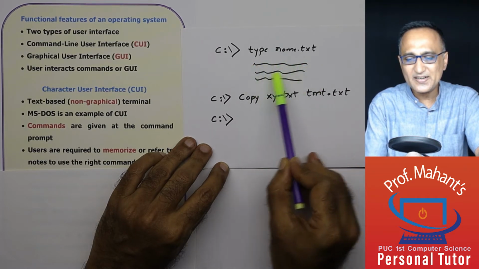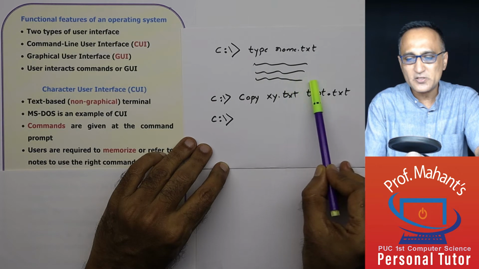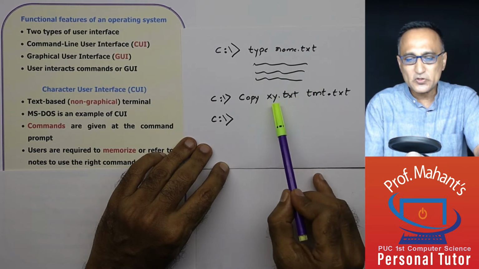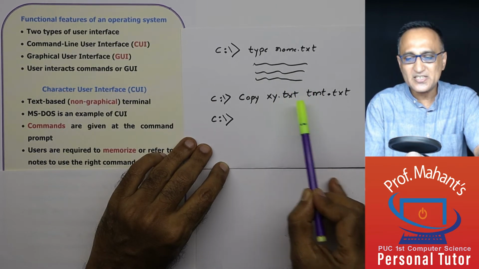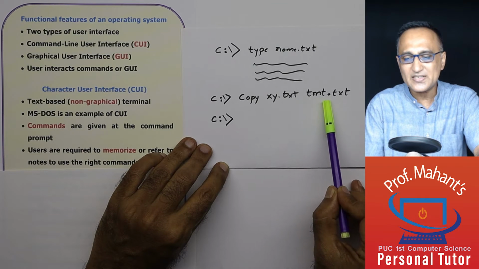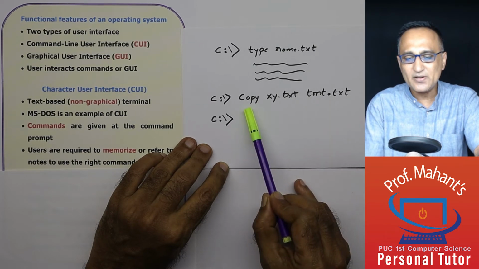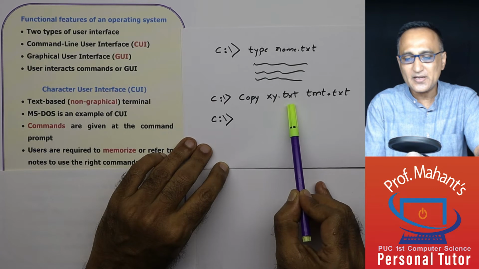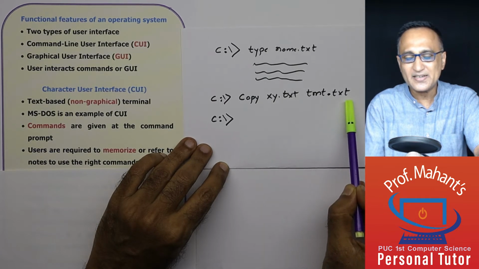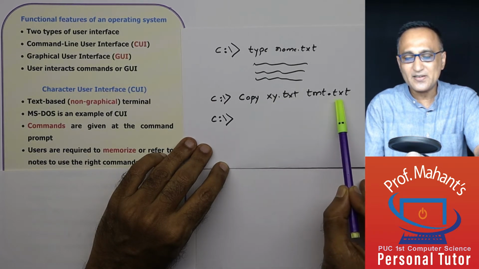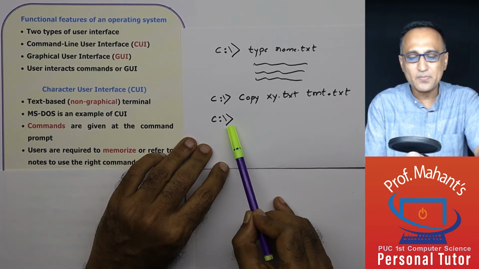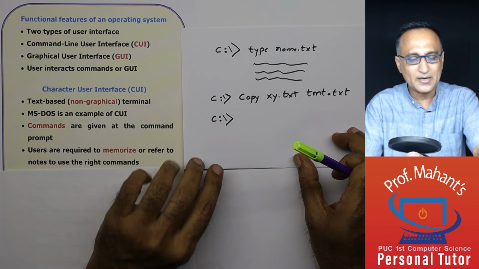Whatever is the content of name.txt is going to be displayed on the screen. Suppose I have a file called xy.txt and I want to make another copy called tmt.txt. So I will give the command copy xy.txt tmt.txt. This way one file is copied and made a copy of another file. Now the command prompt is ready to receive your next command.